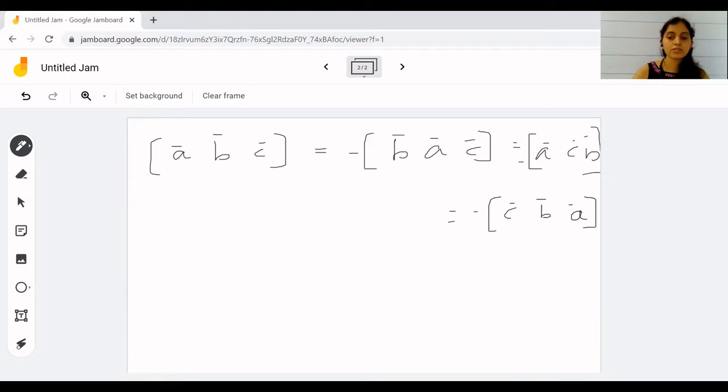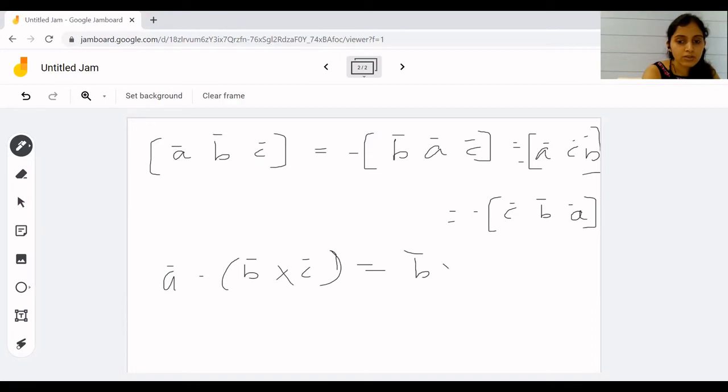Now, if you change the position of any two vectors, then it becomes a negative of the ABC product. But if you change all the three, then it will be the same. Third, scalar product is commutative. What does that mean? If I have A bar dot B bar cross C bar, it is equal to B bar cross C bar dot A bar.